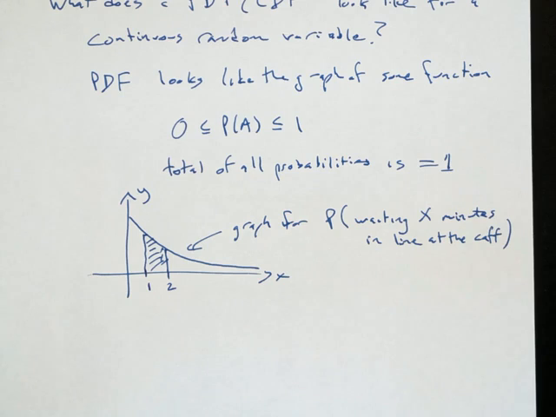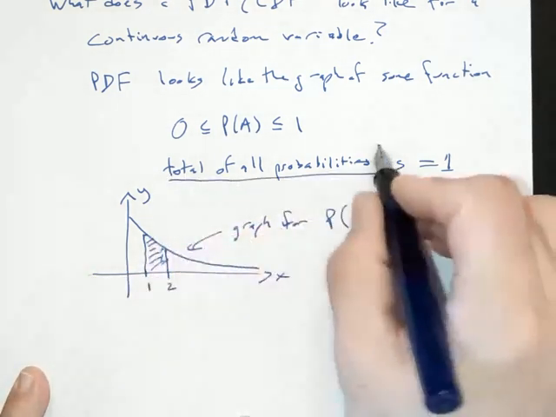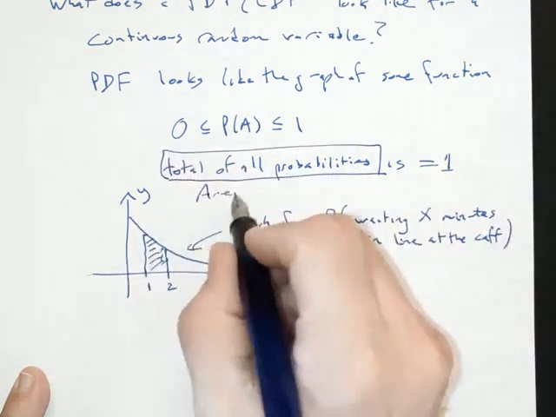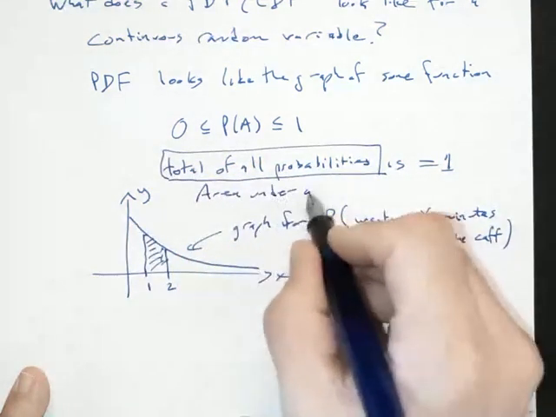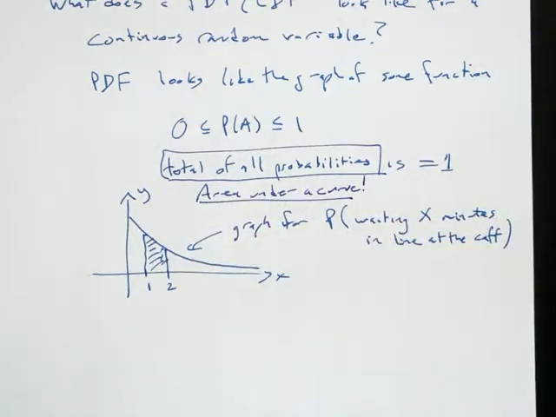But if the total of all of my probabilities is 1, then the area under this curve, the total area, should be 1. And that is the key piece of this entire chapter.